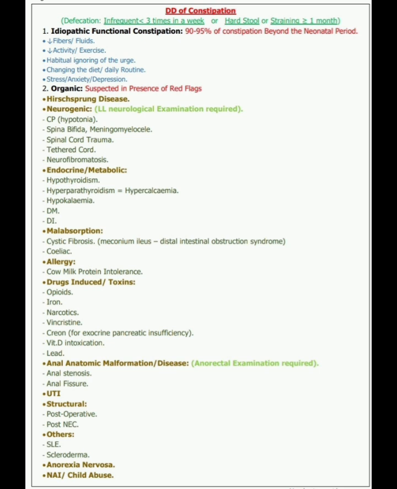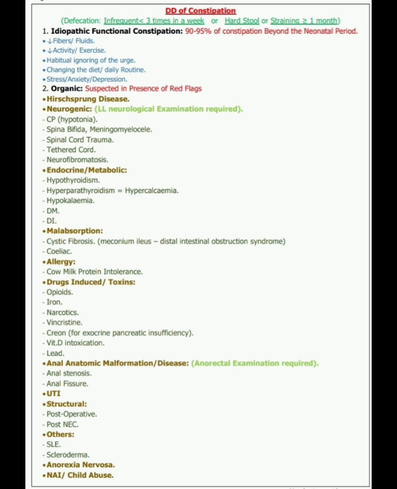And cow's milk protein intolerance, allergy: the history of cow's milk taking will give us, and some allergy history. Drug induced and toxins are opioids, iron, narcotics, vincristine, creon for exocrine pancreatic insufficiency, vitamin D intoxication. So iron taking or not, vitamin D taking, creon for cystic fibrosis or not. Lead: like old home they are living or not, because of old pipes sometimes.